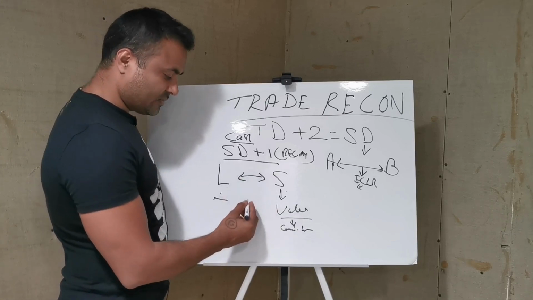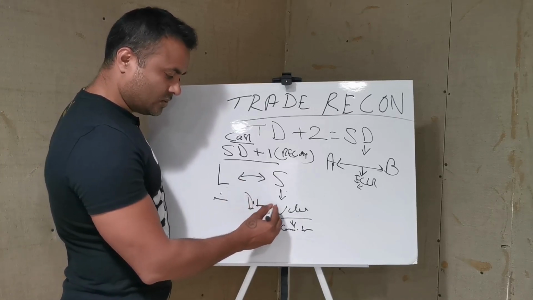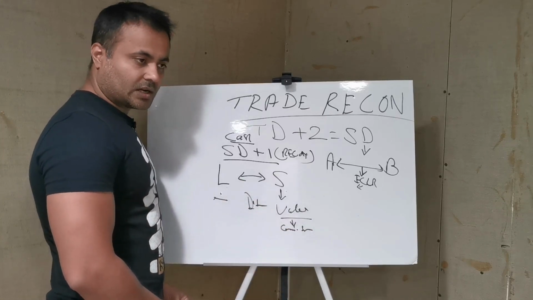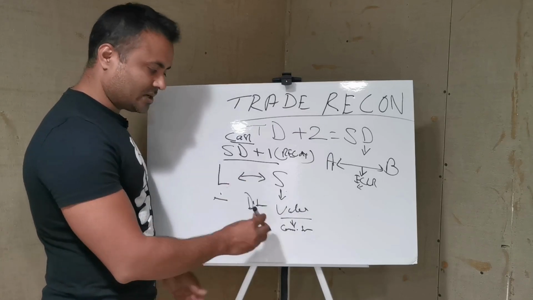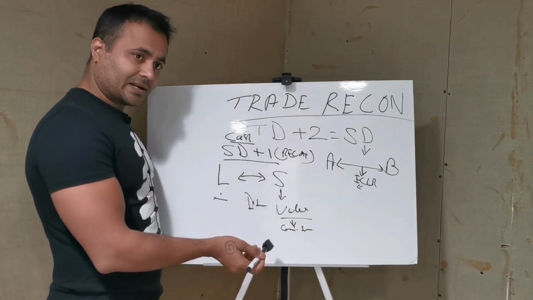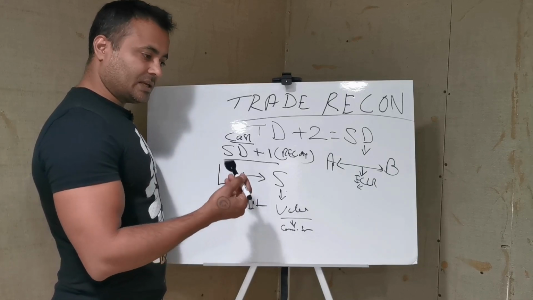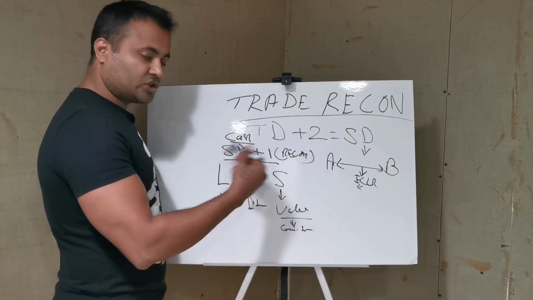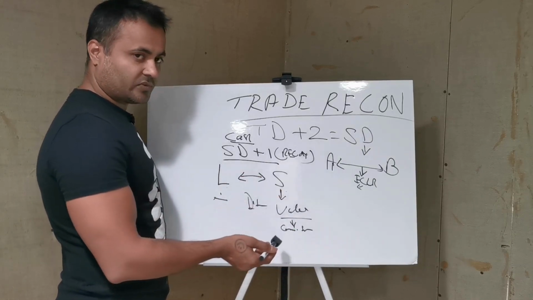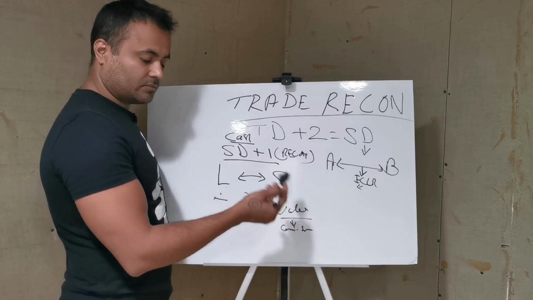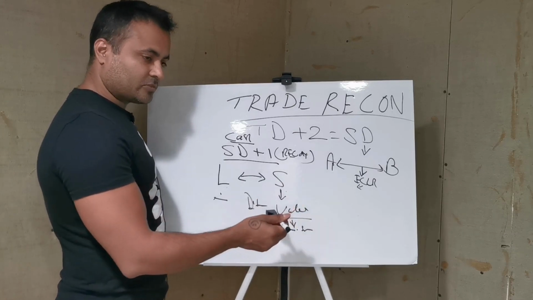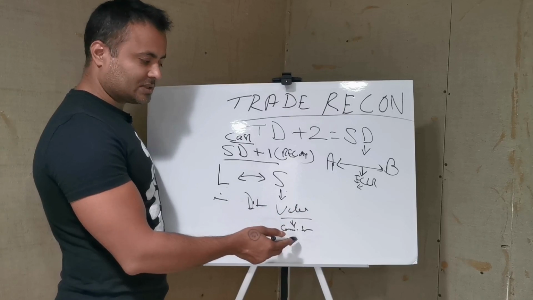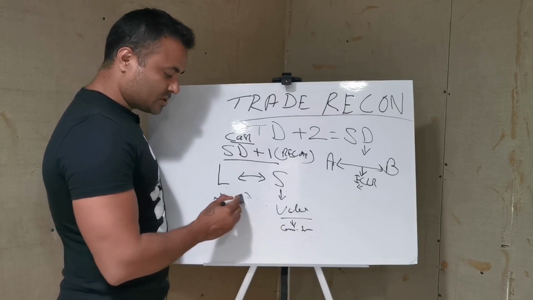So when you see a difference between the two values, what you need to do is figure out, is it the correct trade which is settled in the market? If it was settled with the same value, go and check in the system what value it was settled at a day before. If it was the same trade and the same value, you can see the difference amount.